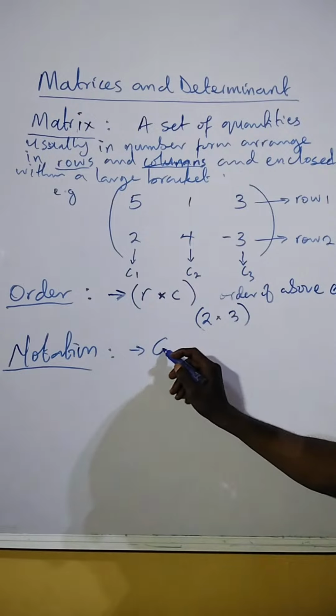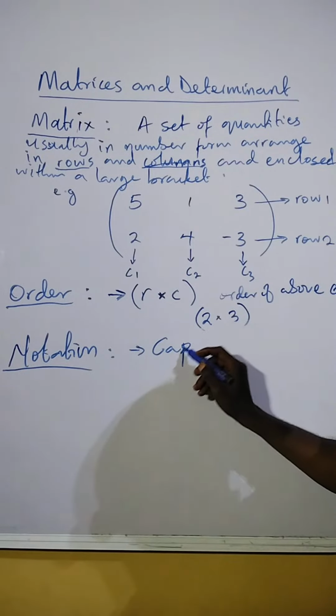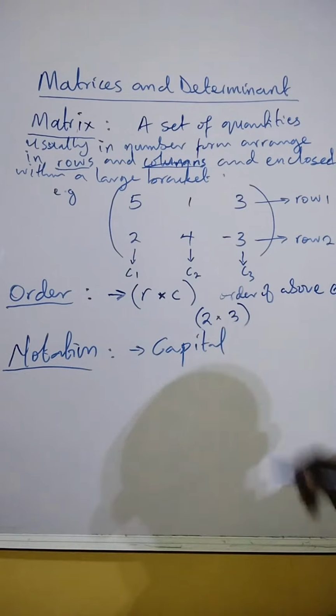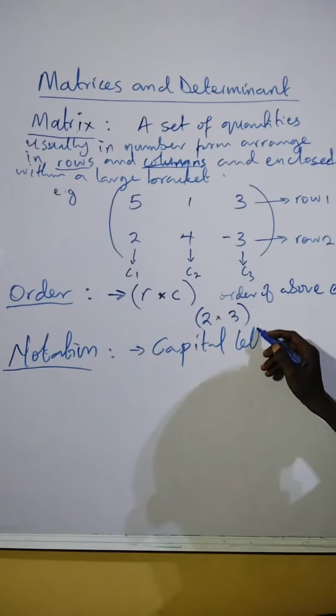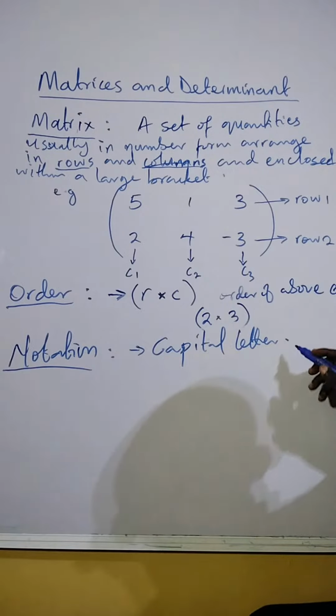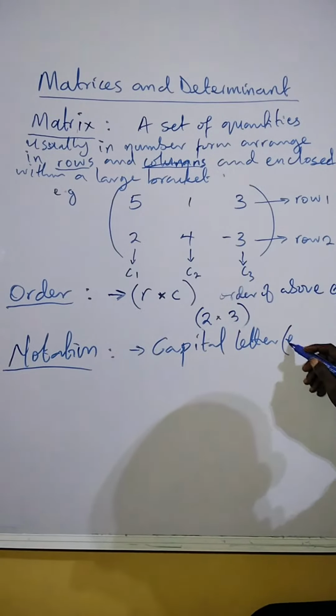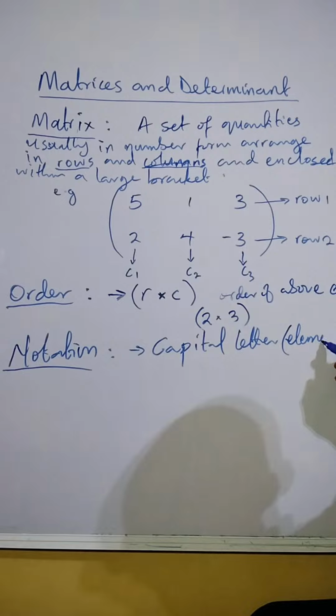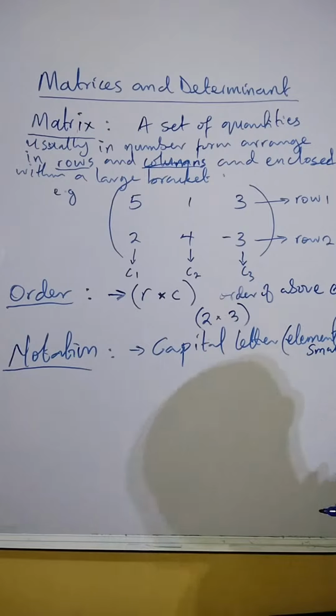So we use a capital letter to denote a matrix, and the elements inside are in small letters. Okay.